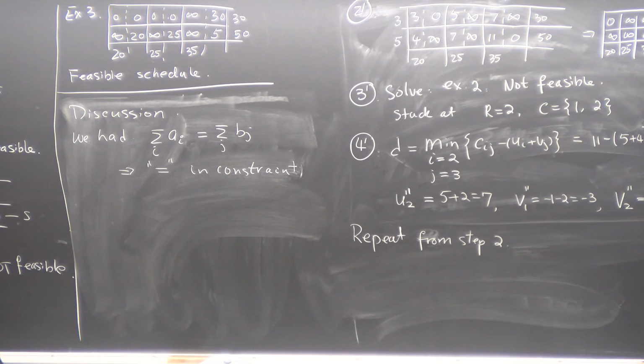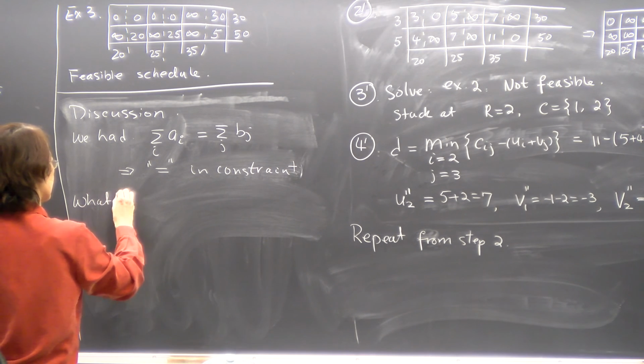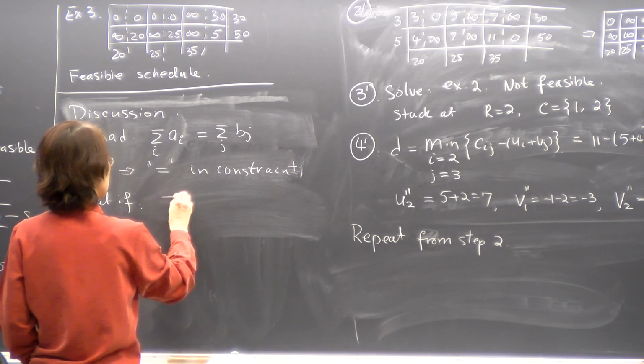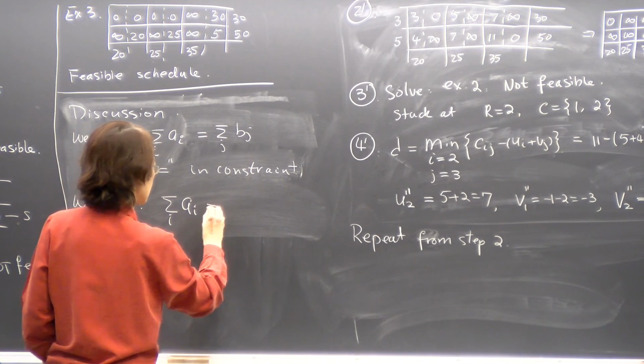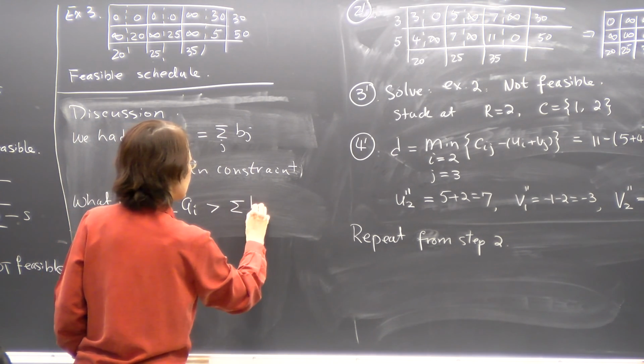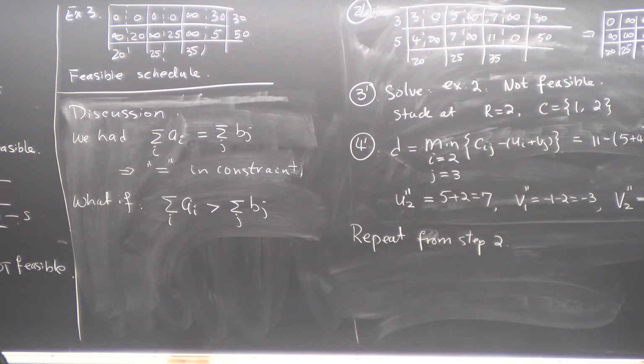So that doesn't sound very general, does it? What if I have more supply than demand? Can I still use this algorithm? So here's the question. What if I have the other situation, where this will possibly give me some feasible solution, I have my supply, and it's strictly bigger than my demand?